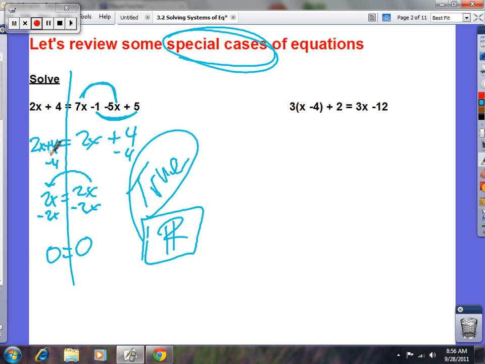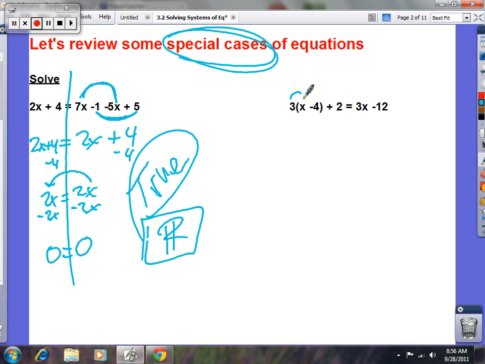So if I put 10 in for x, they're both going to give me 24, right? If I drop 100 in for x, they're both going to give me 204. So I can drop anything in for x, and it's going to make both of them the same. So all real numbers.